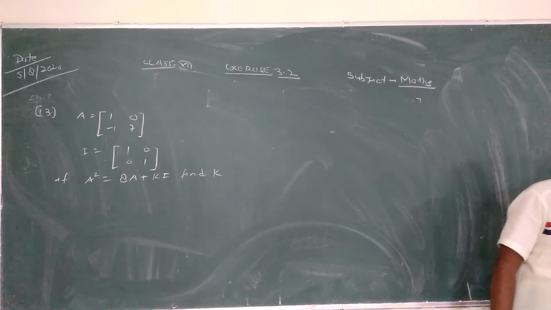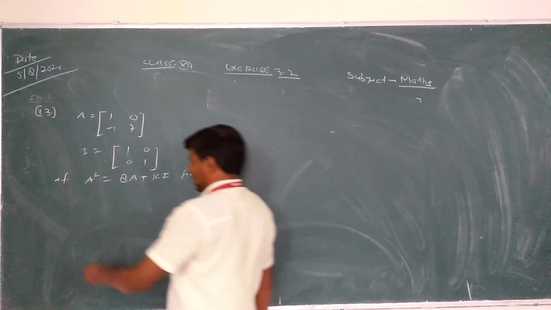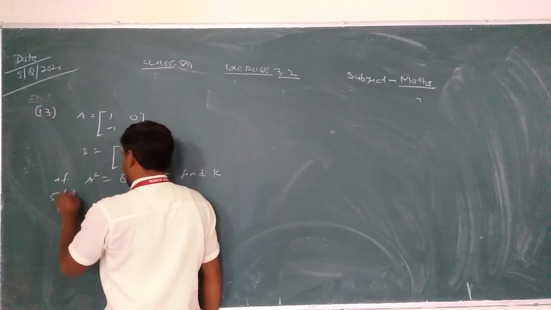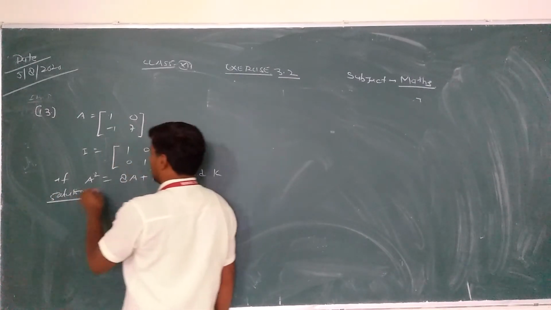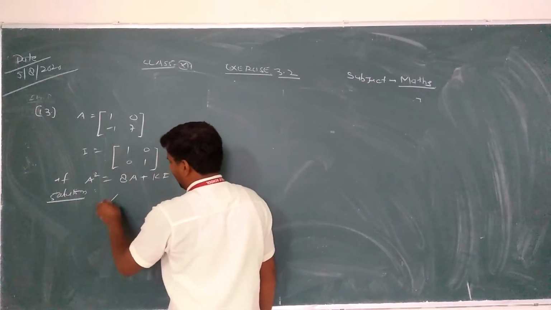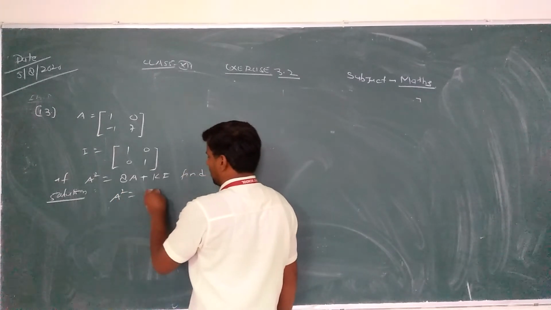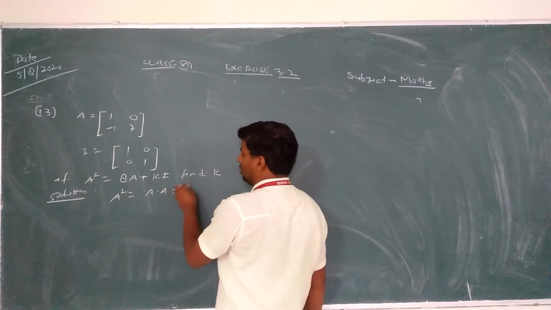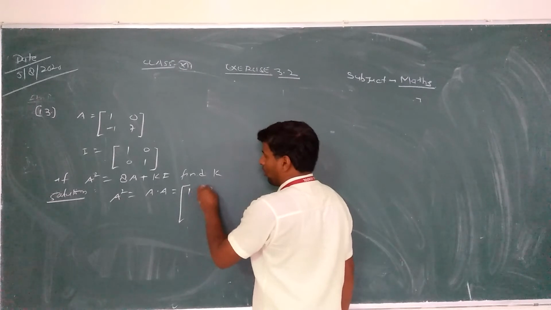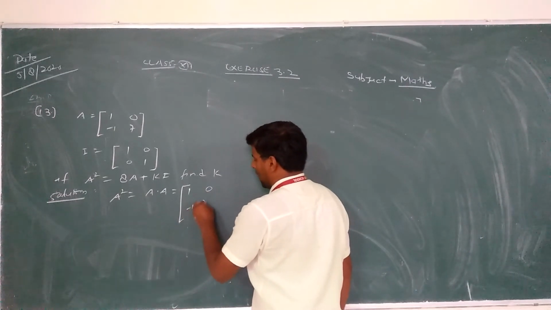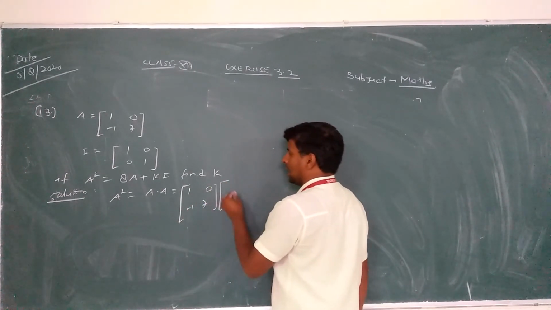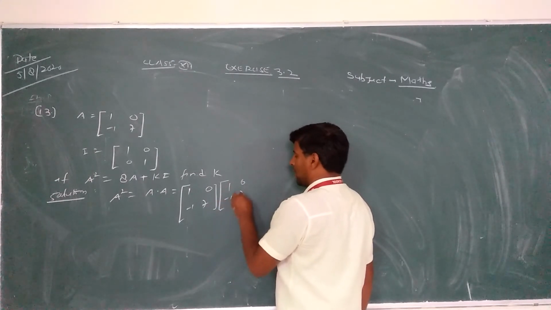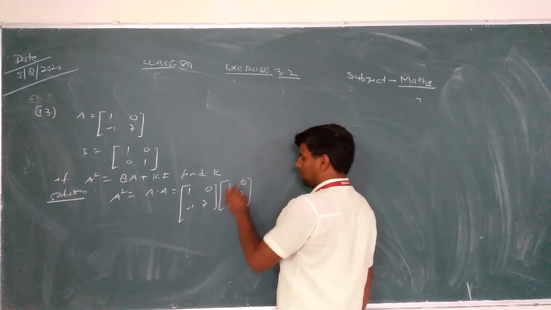So students of class 12, see this question. We can take the solution. First we take LHS, which is A square. A square means A into A. So multiply [1, 0; minus 1, 7] with [1, 0; minus 1, 7]. Multiply them.